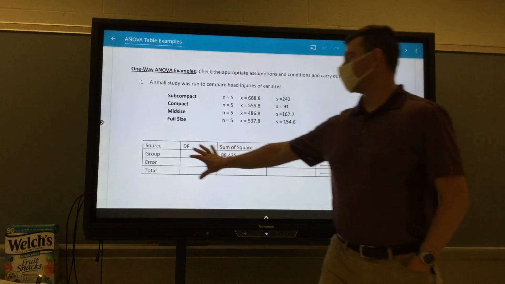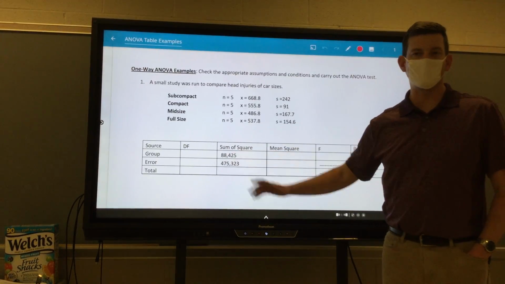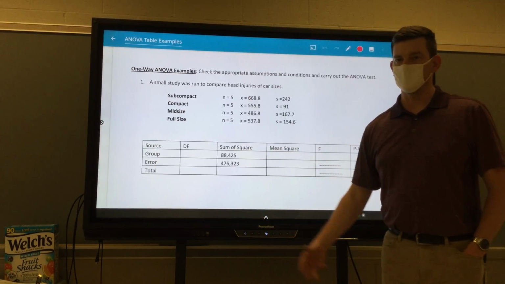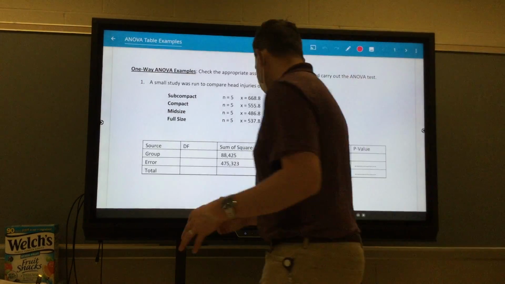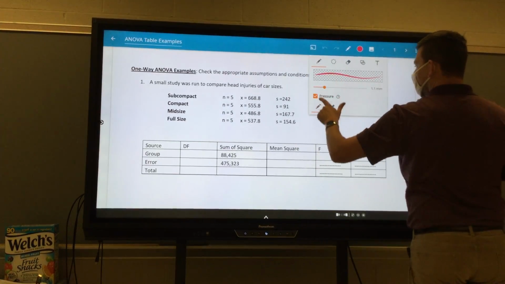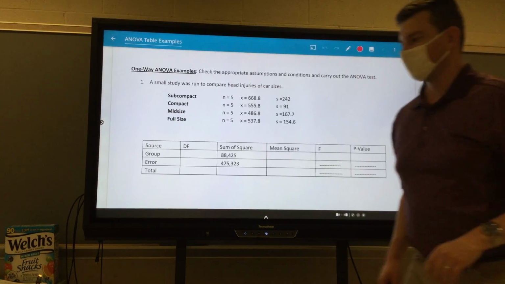So we have our blank chart here with the sum of squares provided for us. Again, that is typically the value that will be included. So what we need to do is fill in the blanks of what's missing in order to complete our table.